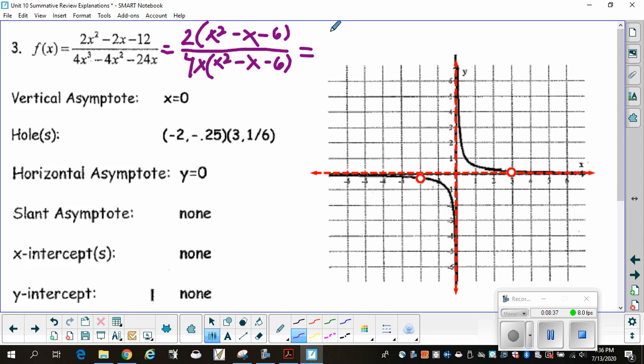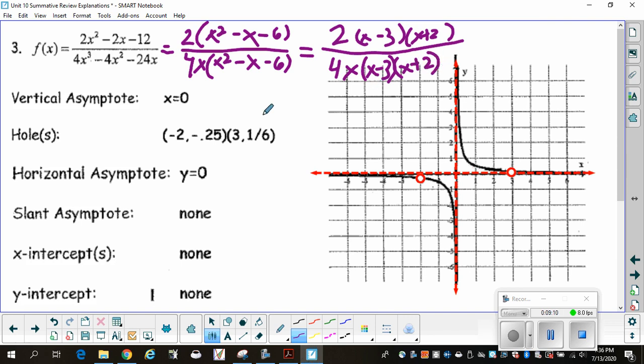So I've got 2, and I've got this whole thing up here, right? And when I factor it, I know factors of -6 that will add to -1 are -3 and +2. So in the denominator, I'm going to get 4x times x minus 3 and x plus 2.